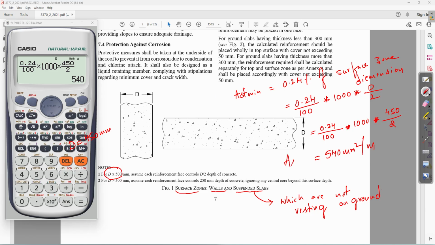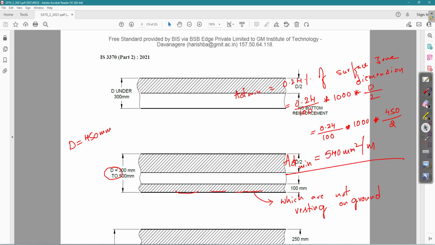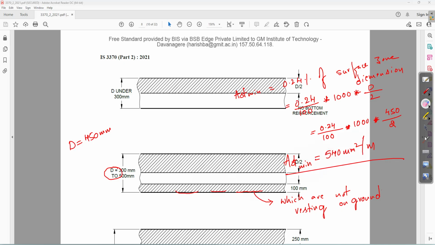So this is AST minimum. Clear? So this is figure 1 for surface zone for walls and suspended slabs. So I will go back to my Excel sheet.